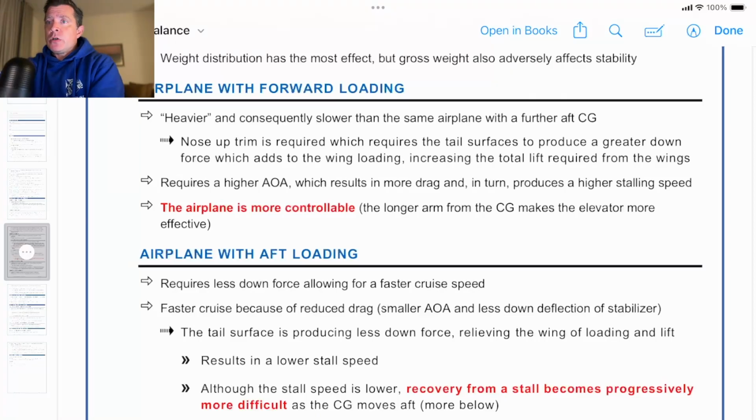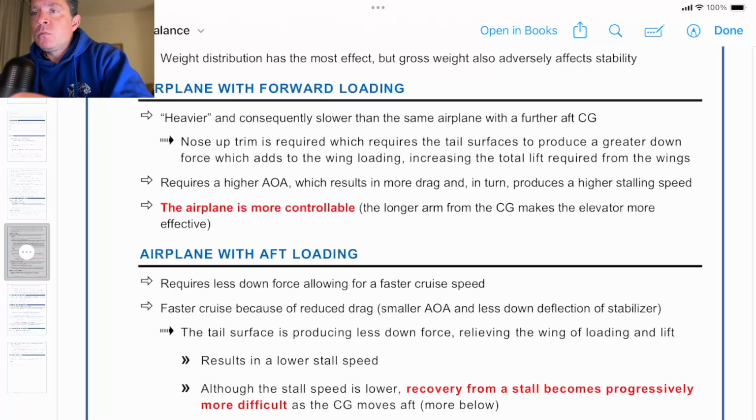So make sure you understand that an airplane with forward loading is heavier, consequently slower than the same airplane with a further aft CG. Nose up trim is required, which requires the tail surface to produce a greater down force, which adds to the wing loading, increasing the total lift required from the wings.